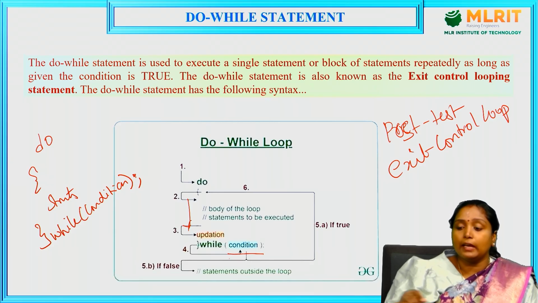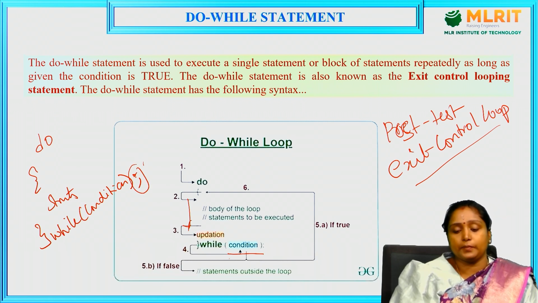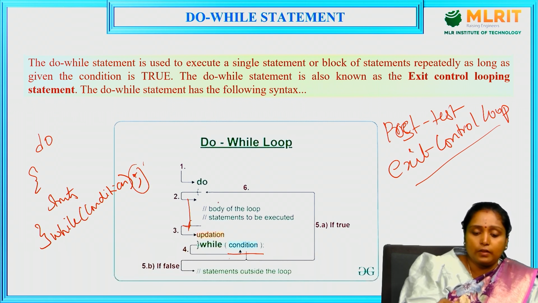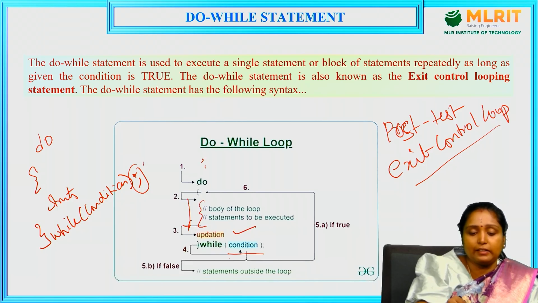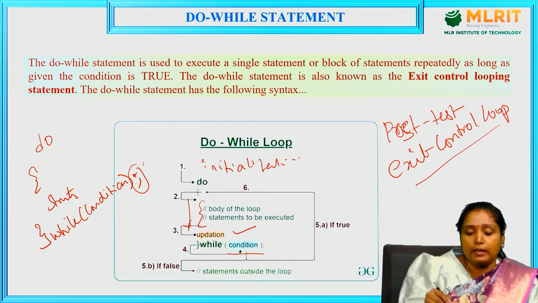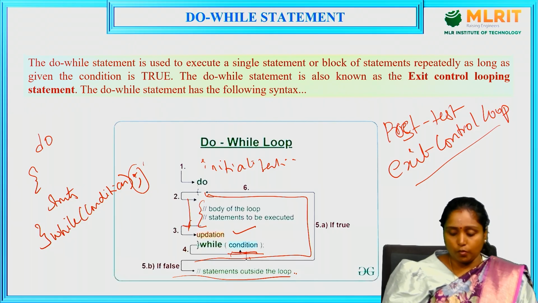As it is an exit control loop, as it exits here, we write the semicolon here. So first it will do, then execute the statements, then the updation part. Initialization has to happen before it, and then the condition is checked. If the condition is true, again it will execute the statements. If the condition becomes false, it will come out of the loop. This is the do while statement.